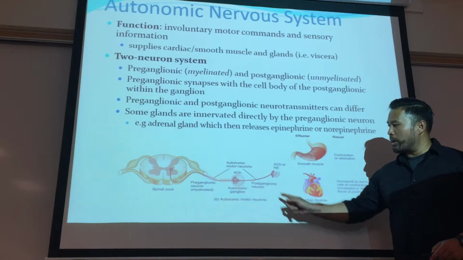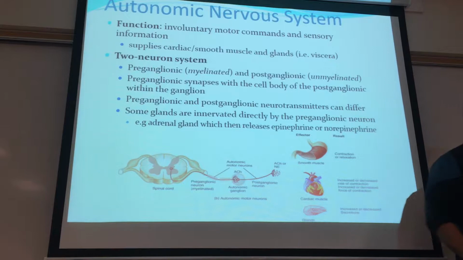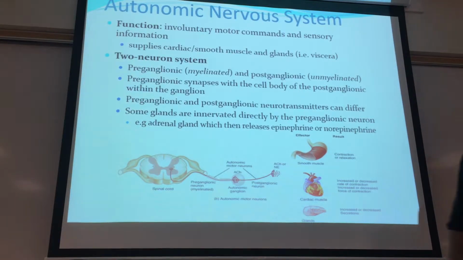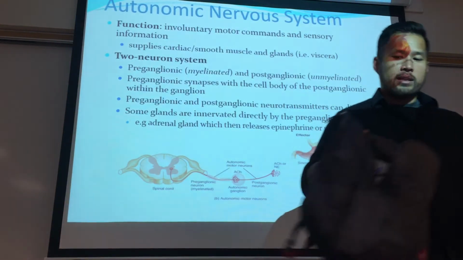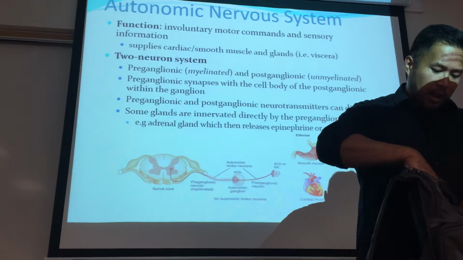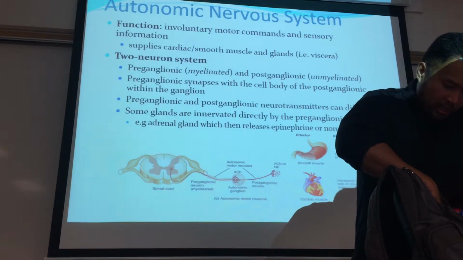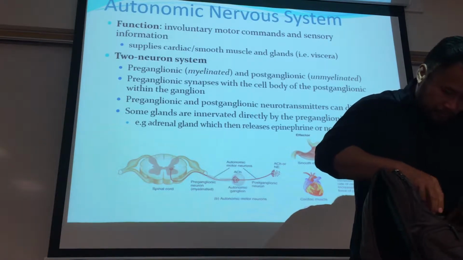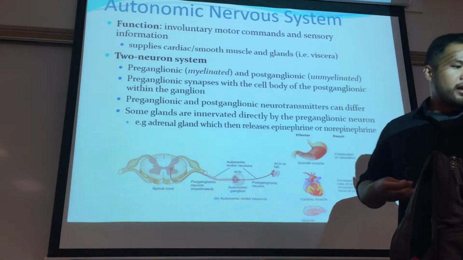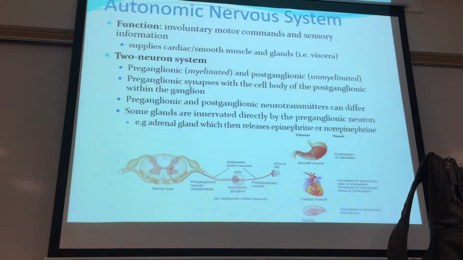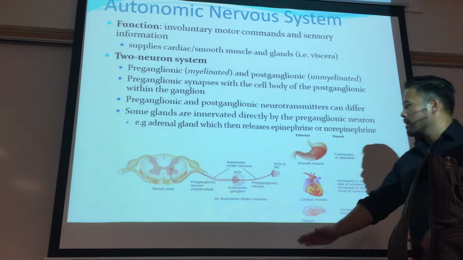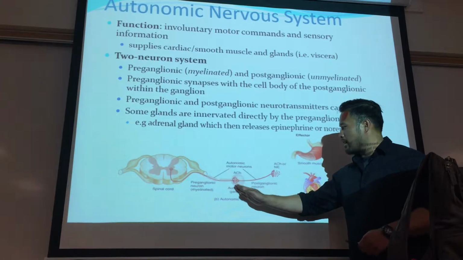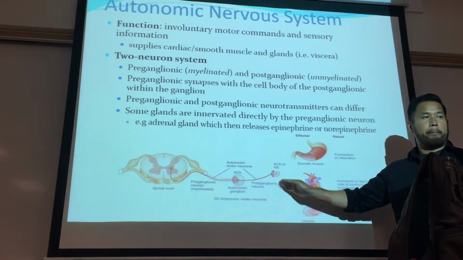What takes place in between is the autonomic ganglion that's present between the first neuron and the second neuron. And the way we define our first neuron and the second neuron is we use the terms preganglion and postganglion. Preganglion from the spinal cord to the ganglion, and then from the ganglion to the target cell.